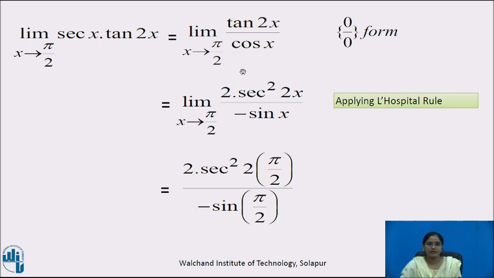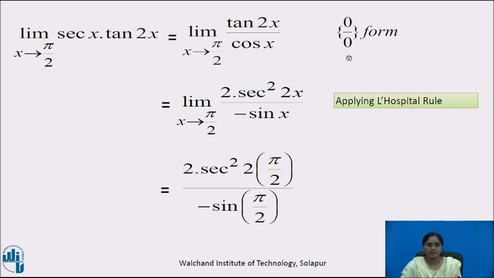Here I have flipped the sec x as a cos x. Now limit x tends to pi by 2 of tan 2x upon cos x. Substitute the limit pi by 2. Here tan of 2 into pi by 2 is 0, and cos pi by 2 is also 0. Hence this is the 0 by 0 form.